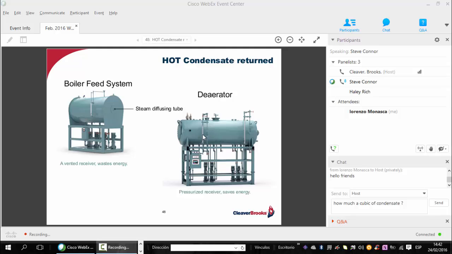Firstly, I can choose to go with a vented boiler receiver, as shown on the left. It certainly is less costly than a deaerator shown on the right, but it's an energy waster, as it can only handle water below 212 degrees. And normally, these tanks run, let's say, between 180 and 200 degrees, and that's only when they also incorporate a steam diffuser tube to heat the makeup and condensate blend to this point before being pumped into the boiler.